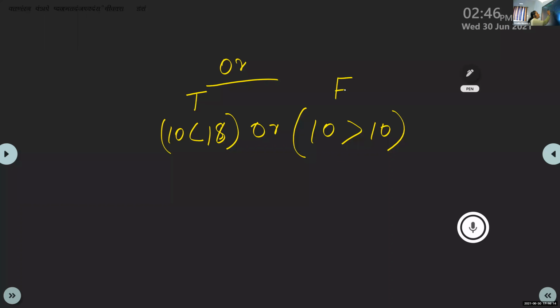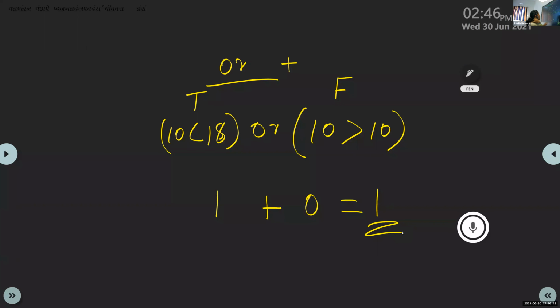So true or false. OR is just like addition. Then what is the final result here? True, that is 1. OR means plus, and false means 0. What is 1 plus 0? It is 1. So the result is 1.